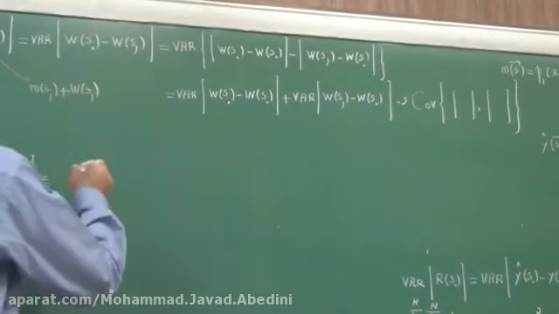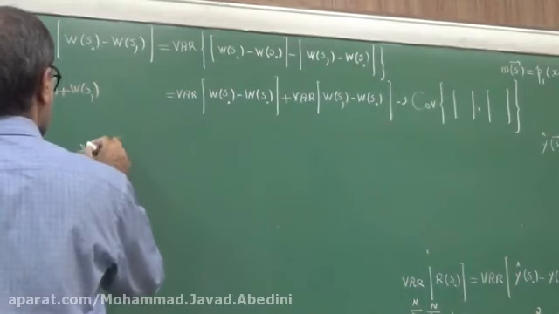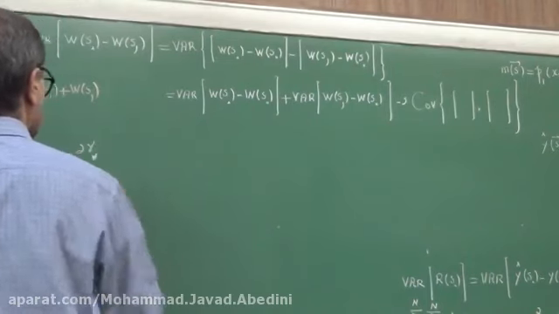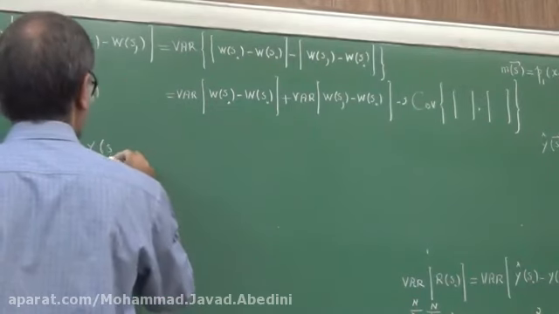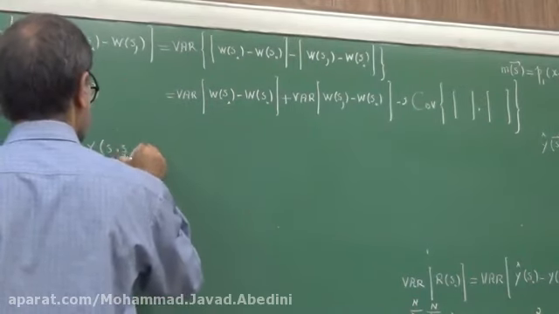Variance of this can be written as 2 times gamma W Si Sj.